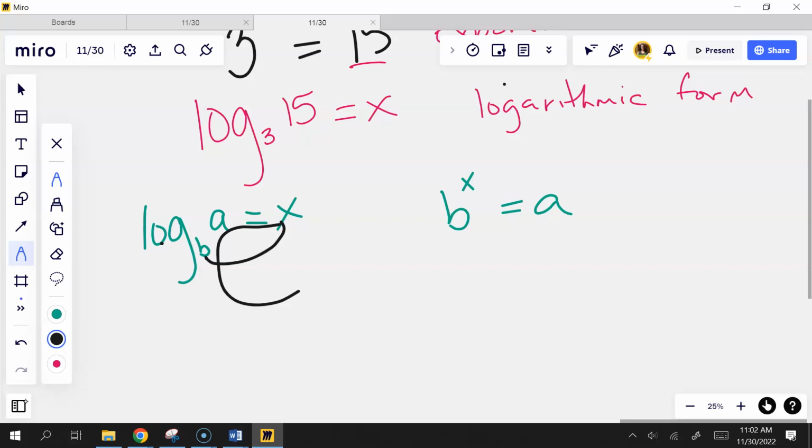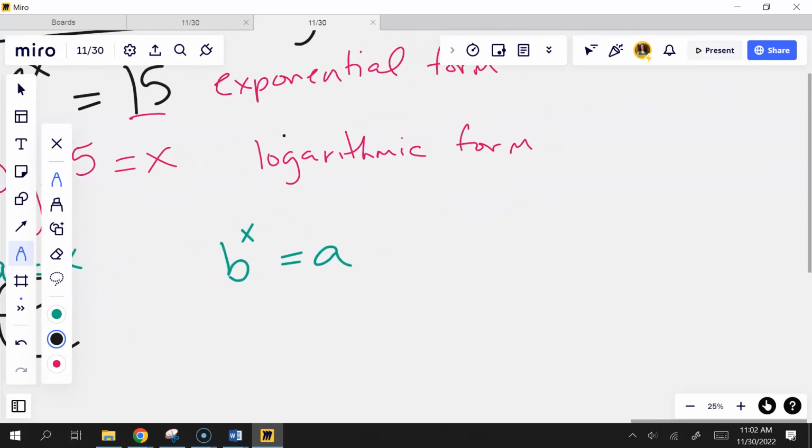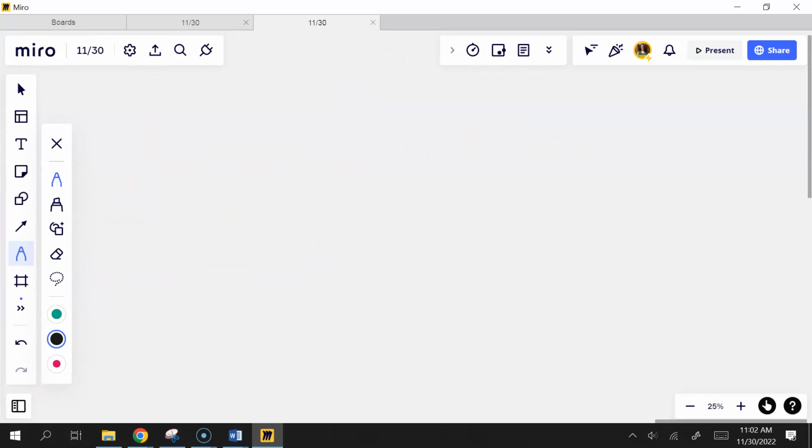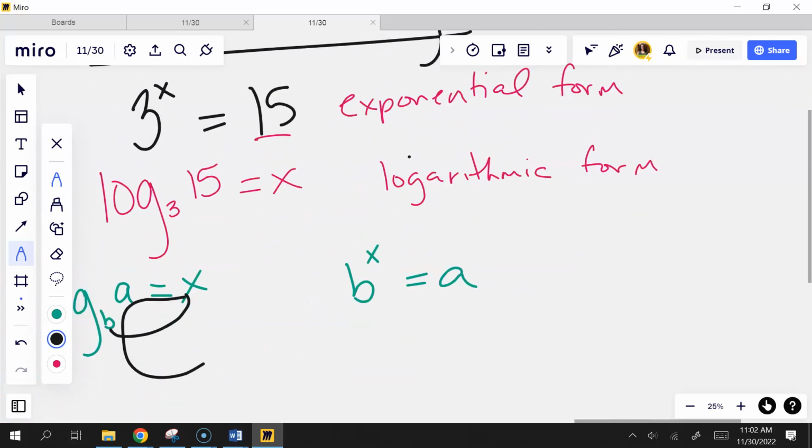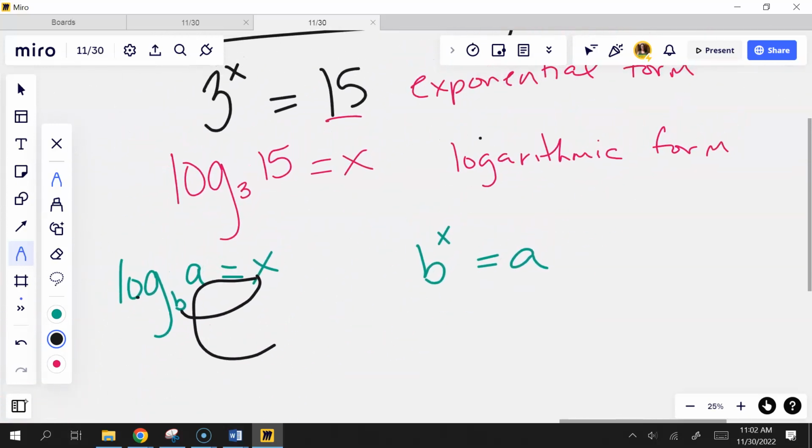Okay, so let's say I have log base 3 of 9 equals 2. Write that in exponential form. Try it. Use the little guide that I gave you here.